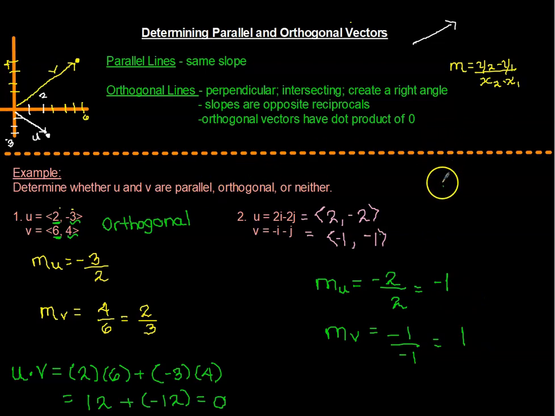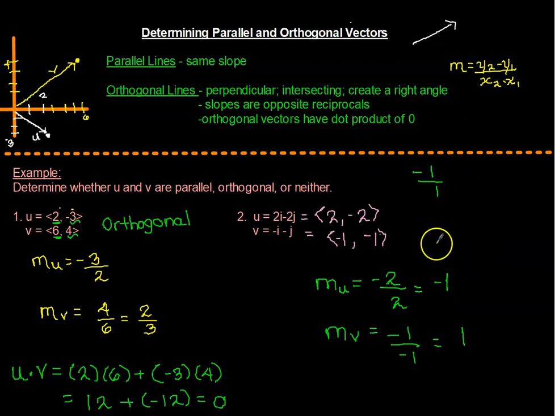They are actually orthogonal because keep in mind the fraction form of -1 is -1/1. If I flip that fraction, it still gives me -1/1, which is what I have here, and it's the opposite sign.